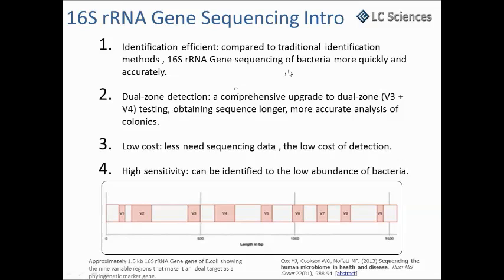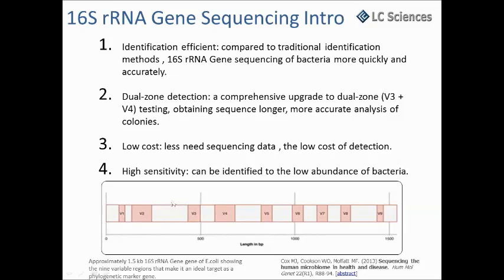Also, we have a very good database for the 16S rRNA gene, so we can do this job more quickly and accurately. And we know that the 16S rRNA gene has multiple variable regions, like here in the colored ones, and between them there's a constant region, like this.